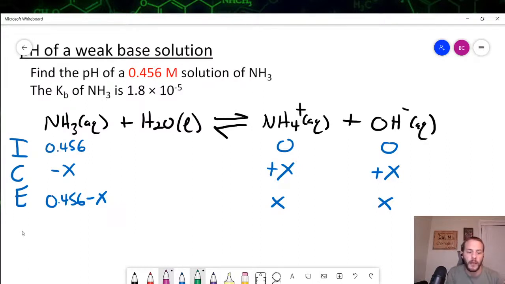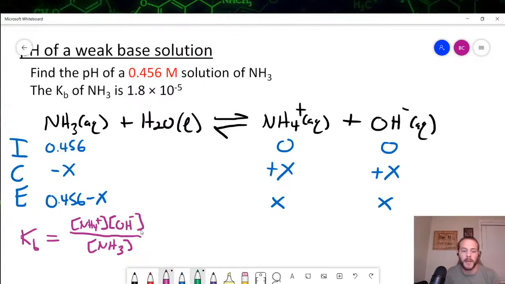We know that Kb, the base dissociation constant, is equal to the concentration of NH4 plus times the concentration of OH minus, and that whole expression divided by the concentration of NH3, right? Equilibrium constant, just products over reactants. We know that that value is equal to 1.8 times 10 to the minus 5.